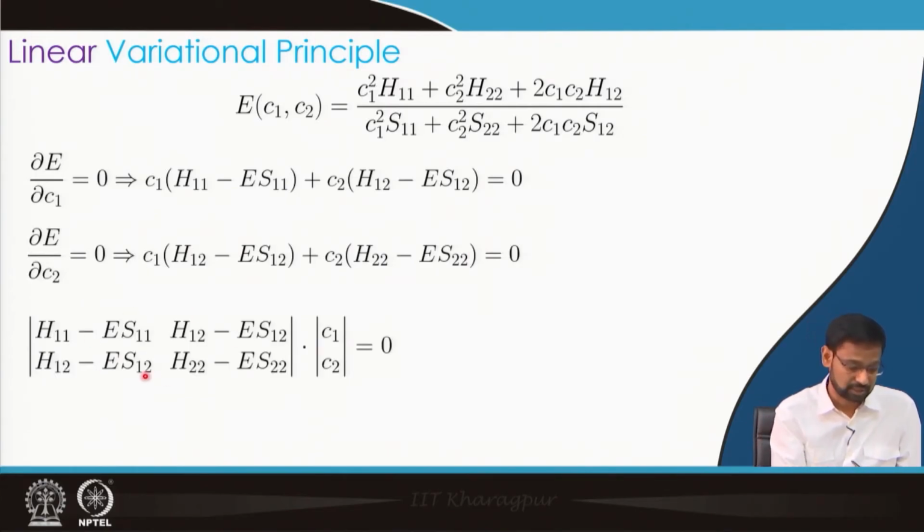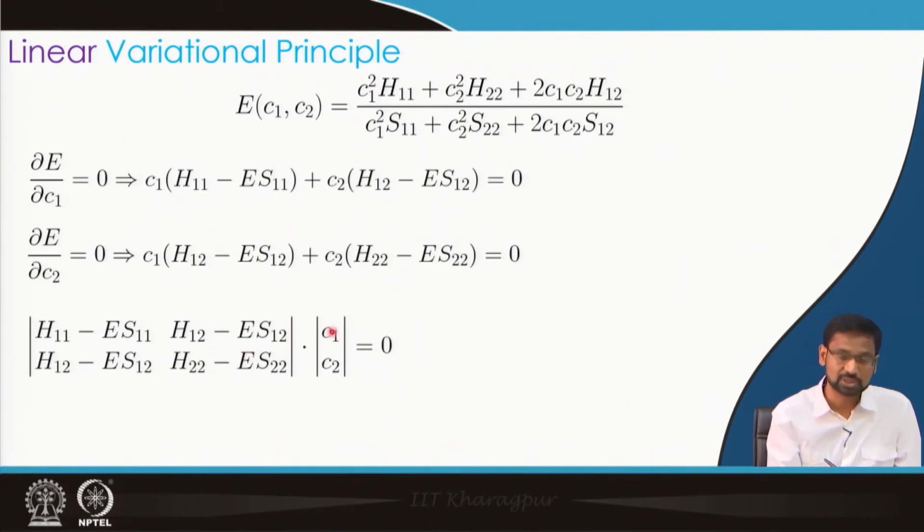The first determinant contains the Hamiltonian matrix elements H11, H12, H21, H22, and the overlap matrix elements S11, S12, S22, and then I have the coefficients C1 and C2. Now, the product of these two determinants is going to be 0. When I have such a situation, immediately I know that there is a trivial solution.